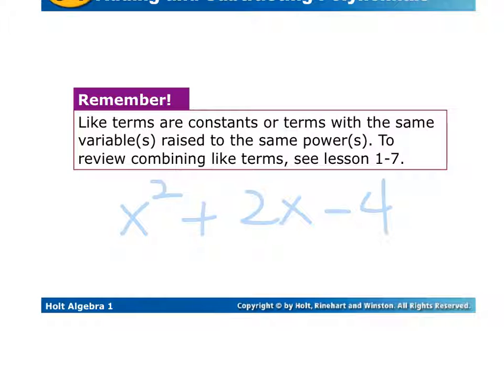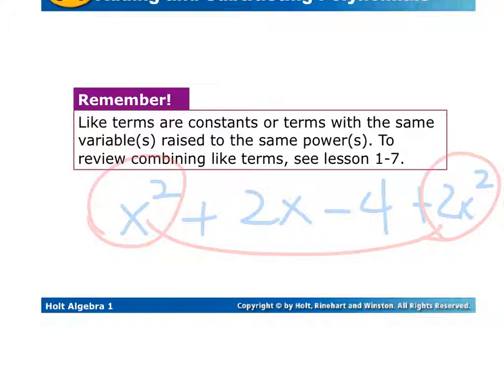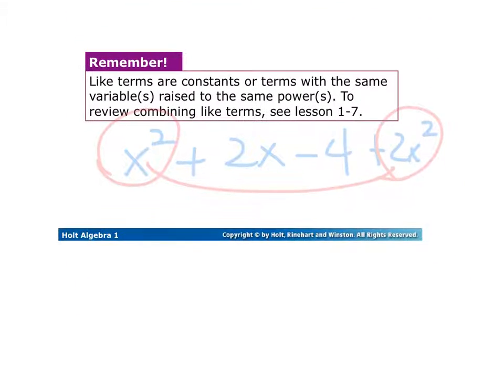But if I had a plus 2x squared, I could actually combine this and this. It has to have the same letter and the same exponent to group it. So this would become 3x squared plus 2x minus 4. And that's your simplified answer.